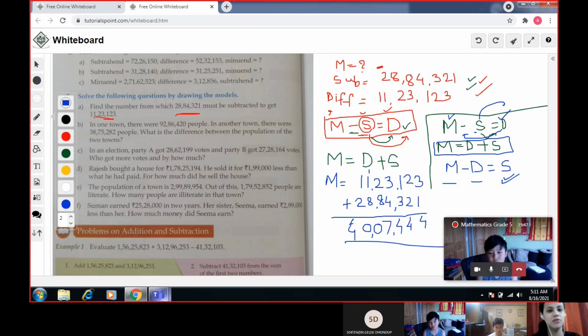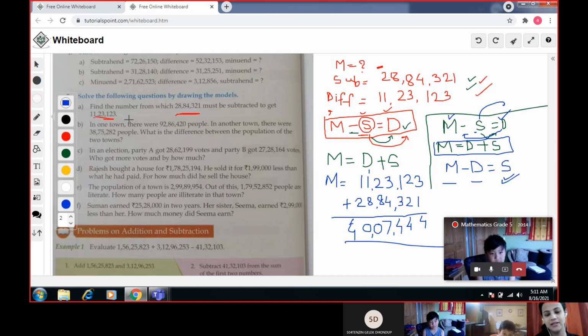So what do we write in the last? The question is to find the number from which. So we will write: 40 lakh 7,444 is the number from which 28 lakh 84,321 must be subtracted to get 11 lakh 23,123.